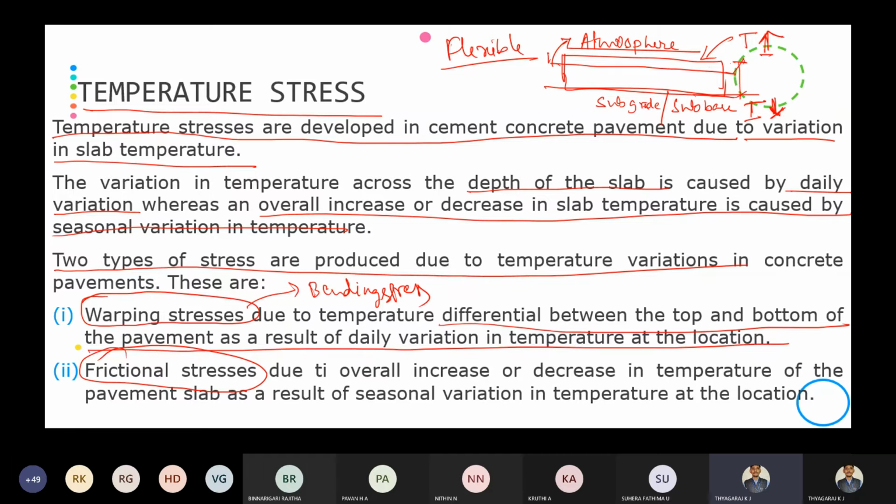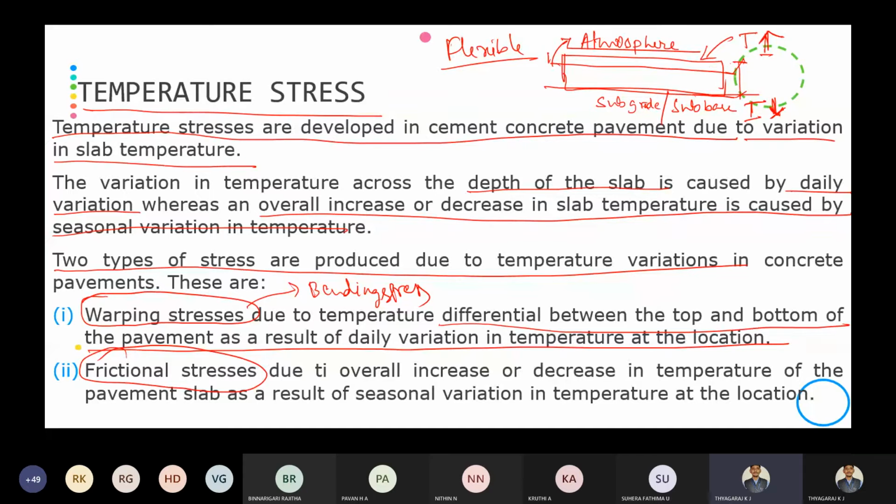So if we get any temperature differential between the top and bottom of the cement concrete pavement, then we can say that bending stress or warping stress has occurred. At the top one temperature will be there, at the bottom of the slab another temperature will be there. If there is any difference between the top temperature and bottom temperature, then these warping stresses exist.